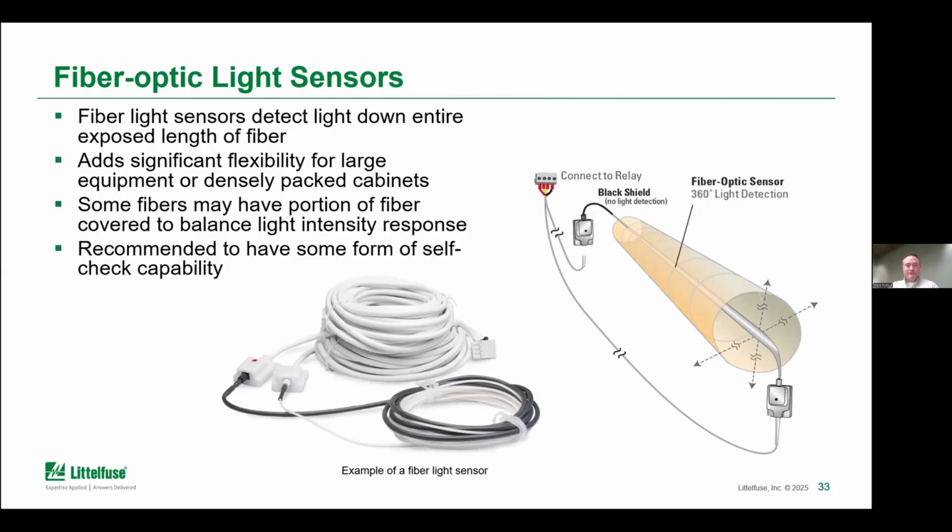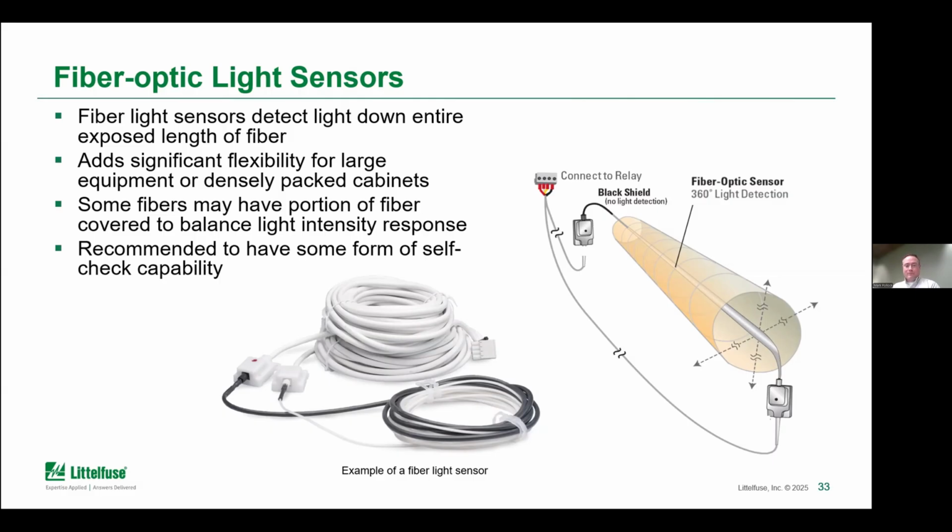The other type of light sensor that is common is a fiber optic. Some call it a fiber optic rope sensor. But this fiber is a specially designed fiber to bring in light into the fiber and then channel it down the fiber to be measured at the other side. So this type of sensor is nice because it covers a very wide area. So with a single sensor, you can then have something going down the entire length of a bus bar.